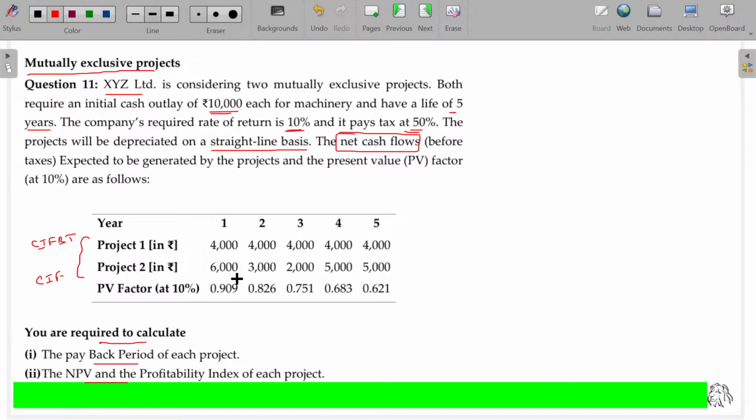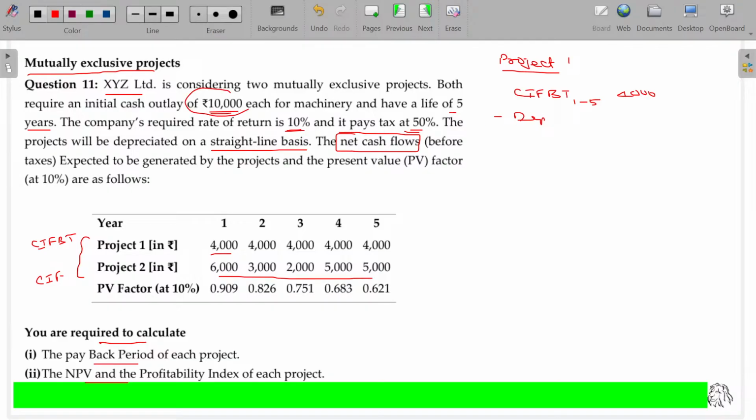For project 2, the cash inflows are totally different year on year, so we have to calculate separately for that. But in the case of project 1, the value remains constant, so it's very easy. For project 1, cash inflow before tax is 4,000 year on year from year 1 to year 5, minus depreciation.